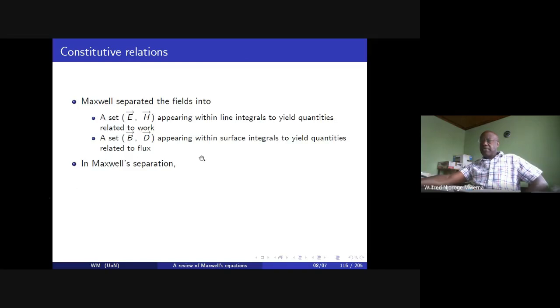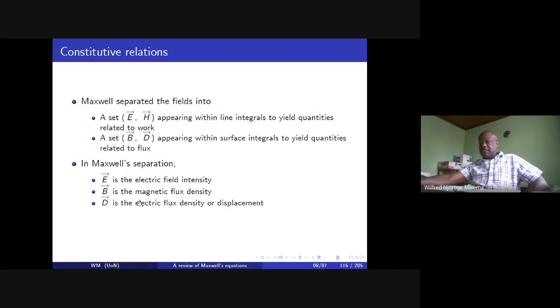And so in Maxwell's separation, which is what we always use, E is denoted as electric field intensity, B as magnetic flux density, D as electric flux density or just electric displacement, and H as magnetic field intensity. So those are the things that we have for this particular thing.